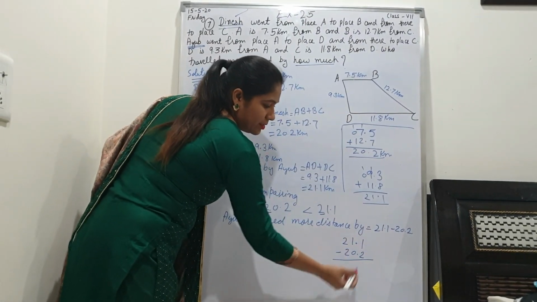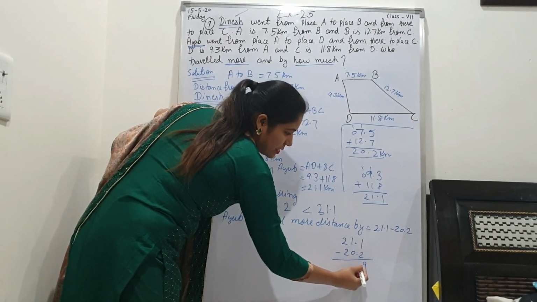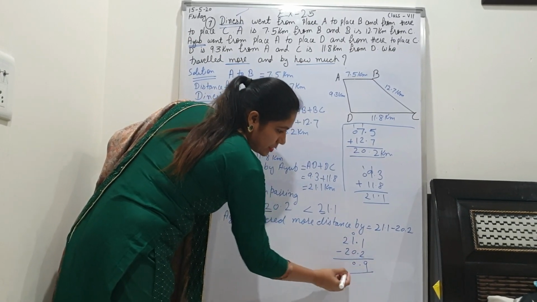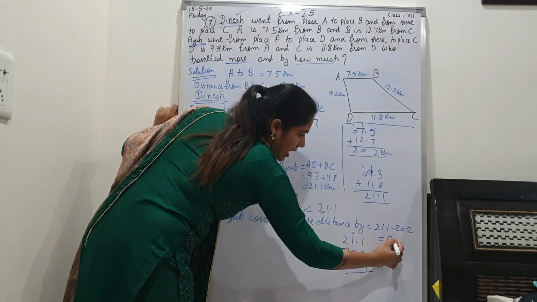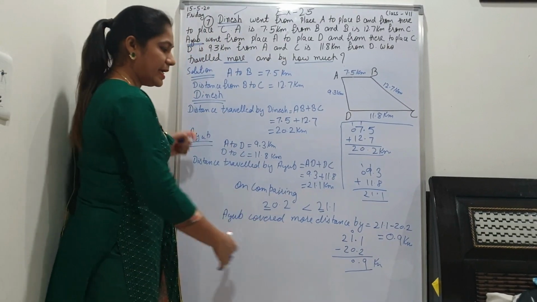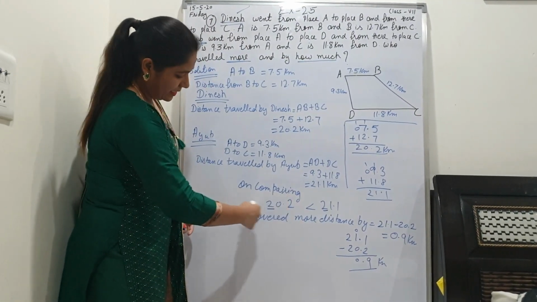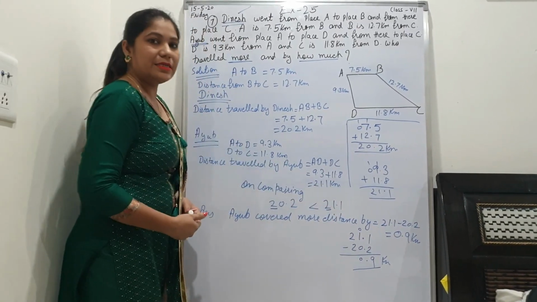So 1 will become 11. 11 minus 2 is 9. It becomes 0. So 0.9. So answer is 0.9 kilometer. At the end you will write this is our answer, that is Ayub covered more distance by 0.9 kilometer.